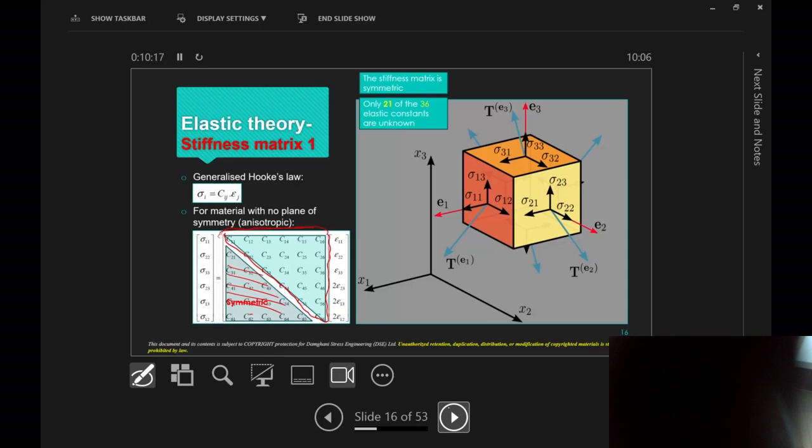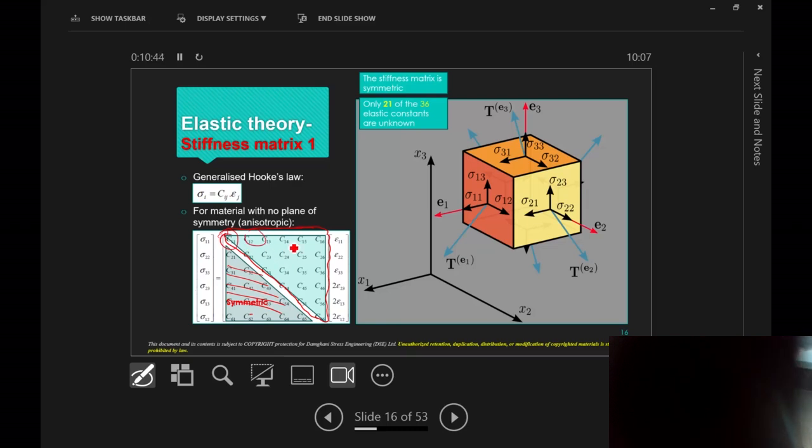If you look at this for a very general material, which is not isotropic, a fully anisotropic material, it behaves differently in direction 1 than in 2 and 3, totally uncoupled. How many of these, let's call them moduli of elasticity, would you require to characterize this material? 21.